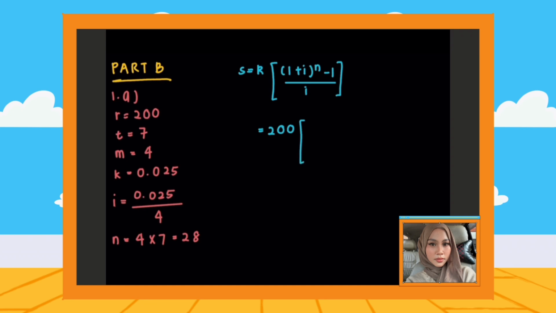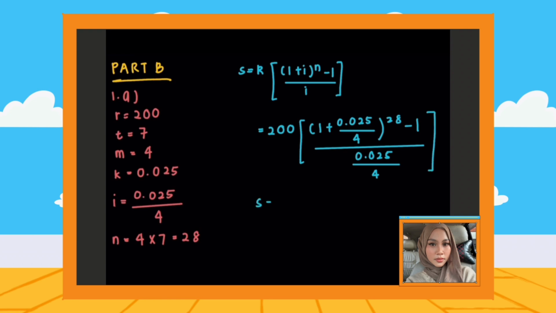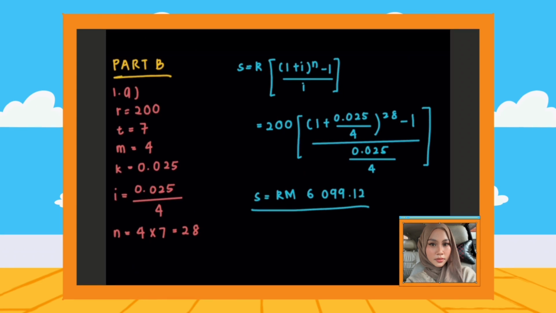200 divided by, bracket, 1 plus 0.025 divided by 4, close the bracket, to the power of 28, minus 1. And then for the bottom, 0.025 divided by 4, and then close the bracket. So the total for the S is RM 6,099 ringgit 12 cents.